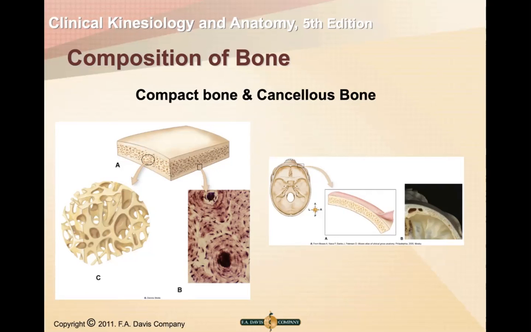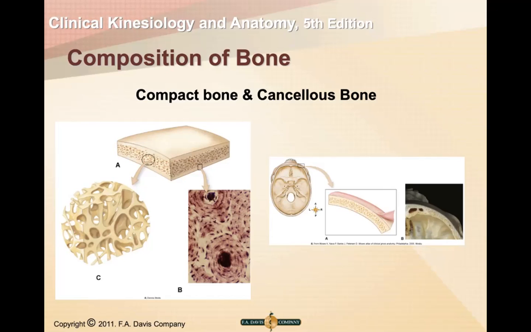Those are what the bone cells themselves look like. The osteoclast and the osteoblast produce and degrade bone cells, and so they keep the bone always kind of changing and always stable.